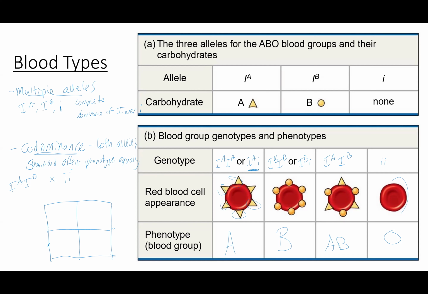And go ahead and do a phenotype ratio. Remembering there are 4 phenotypes, A, B, AB, and O.